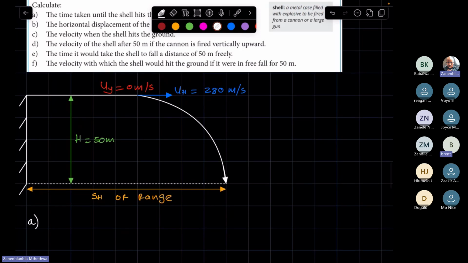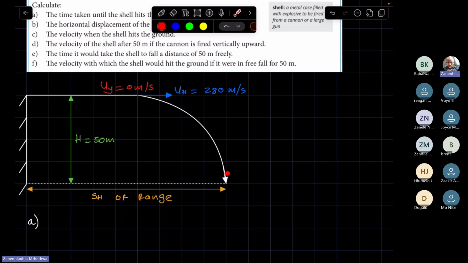Can we use that one? There will be two unknowns there. But don't we have the final velocity? Isn't that 0 and the initial velocity is 280?